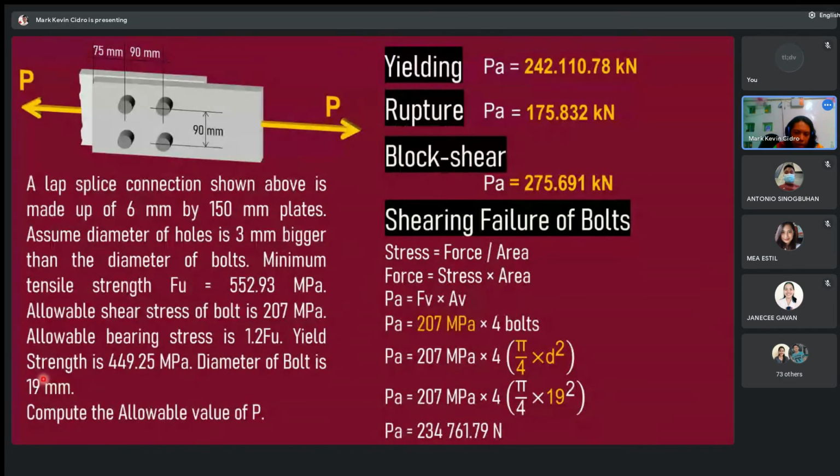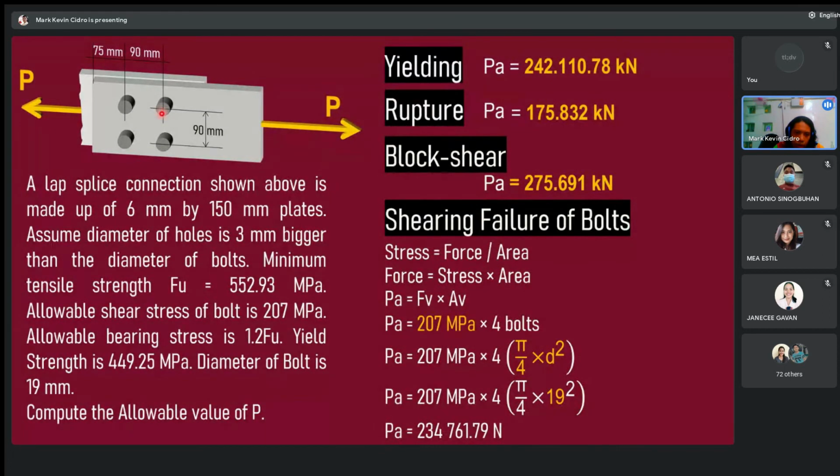May pakiana? Okay. Kung kikita nga natin ni shear failure of bolts, ini na net result allowable. Waray na niya factor of safety and all. Any question? Naintindihan ba? It's shear failure of bolts. Kung kay ano 4 times pi over 4, kung kay ano an hinga area nga gingamit.